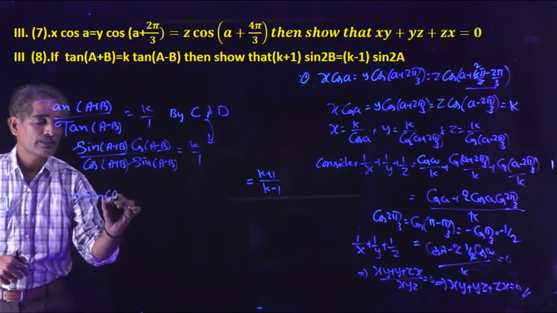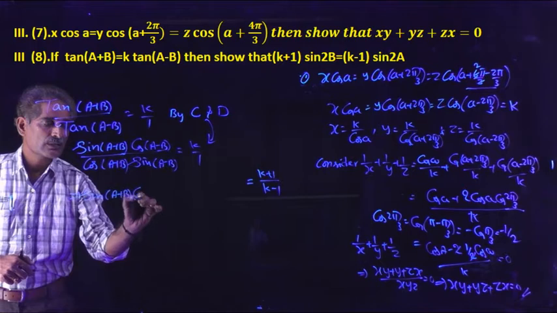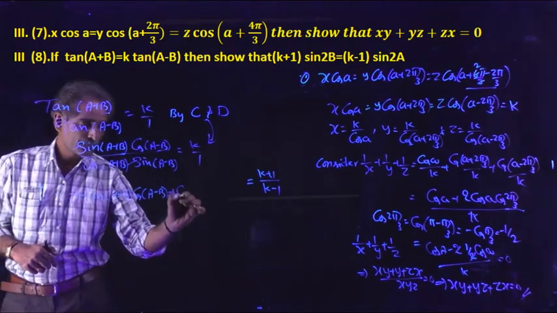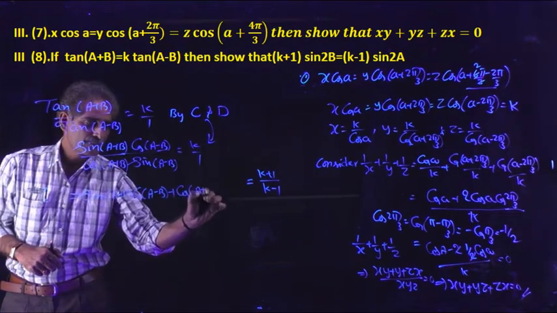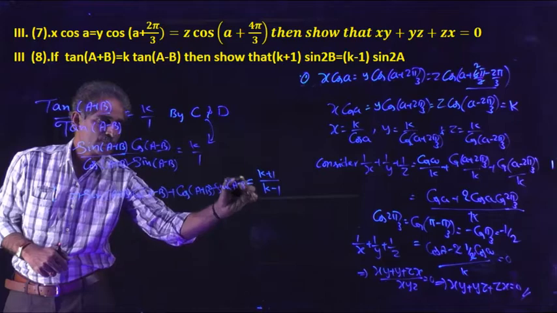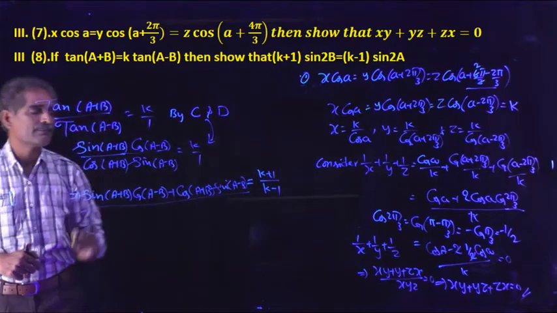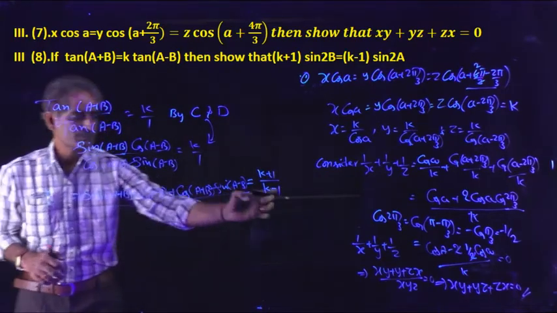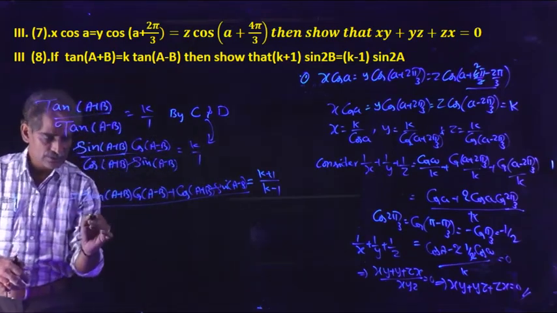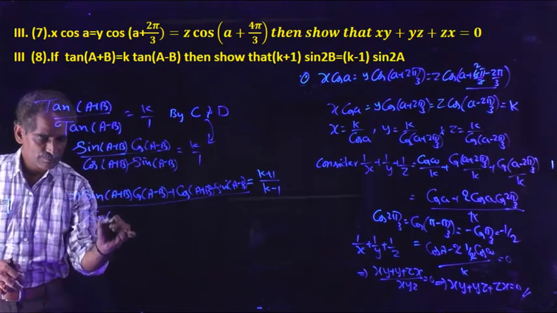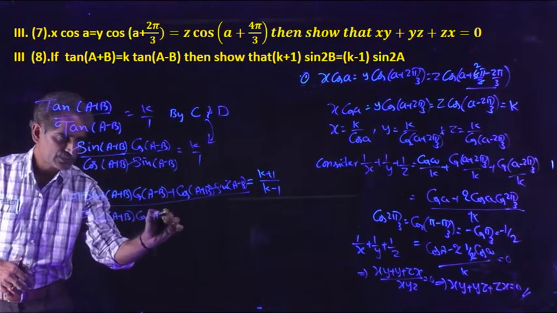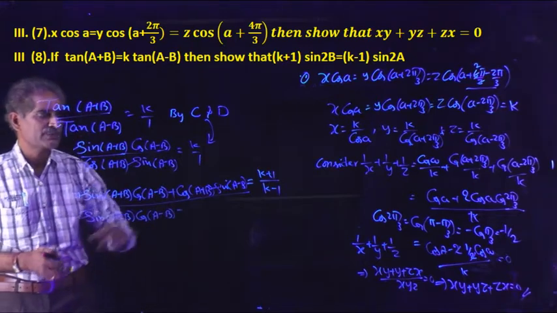So now numerator plus denominator: sin(a+b)cos(a-b) plus cos(a+b)sin(a-b), all divided by the same process for k minus 1, that means numerator minus denominator: sin(a+b)cos(a-b) minus, just simply write minus, that's all.